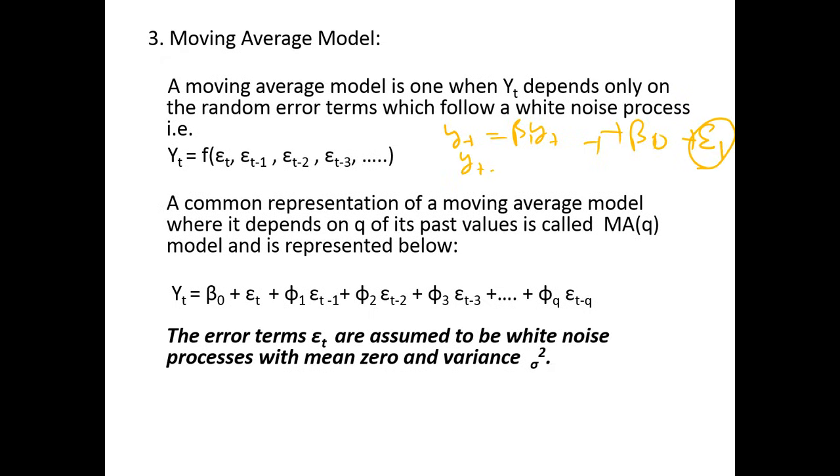Similarly, if you do Yt minus 1 with Yt minus 2 plus beta naught dash, you will get error term 2. So in every regression, if you regress the series with its immediate past series, then you will get an error term, right? Epsilon 1, epsilon 2, up to epsilon n.